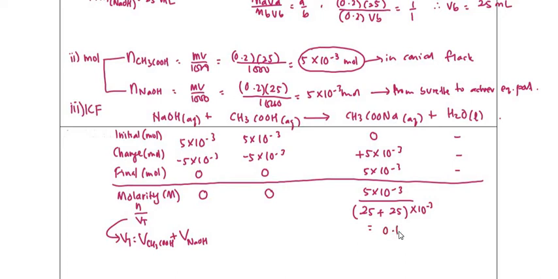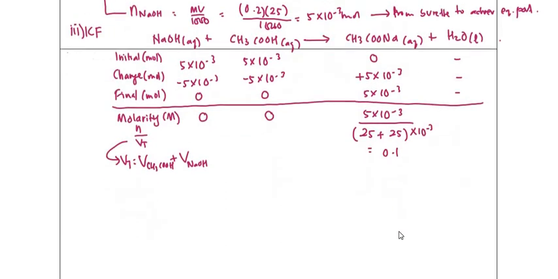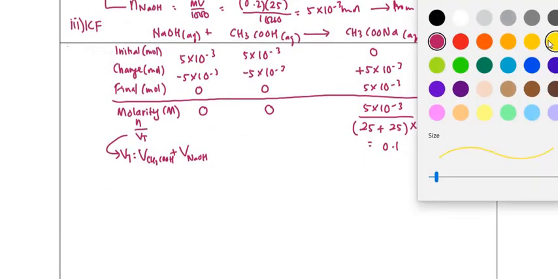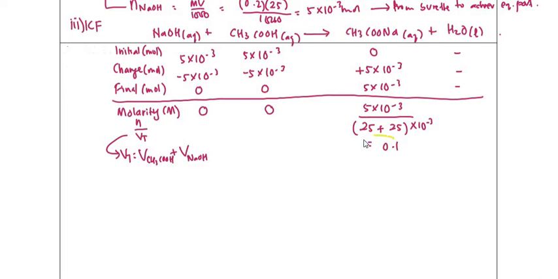After you settle the ICF table, you have to analyze that only the salt remains in the conical flask.